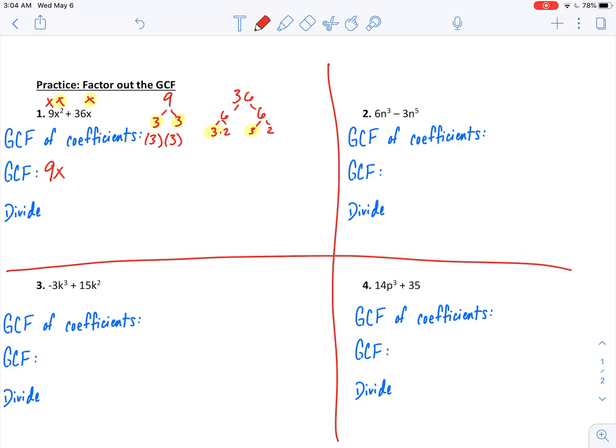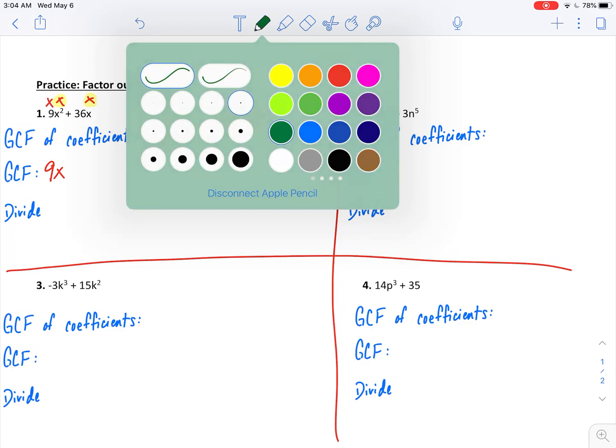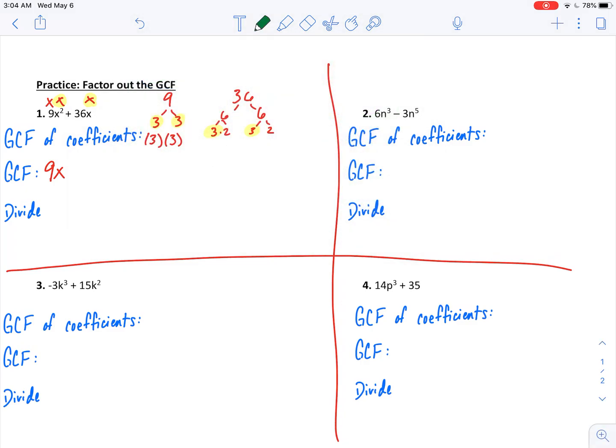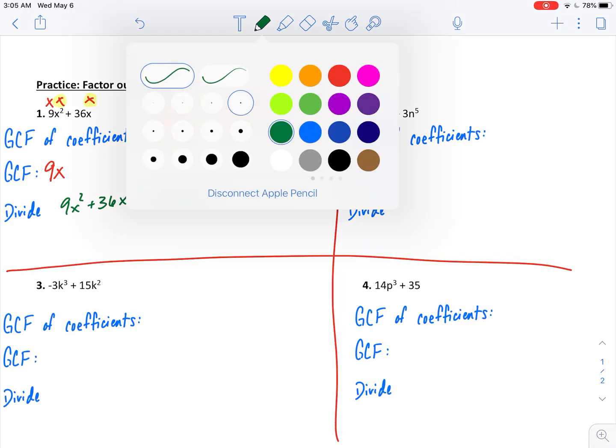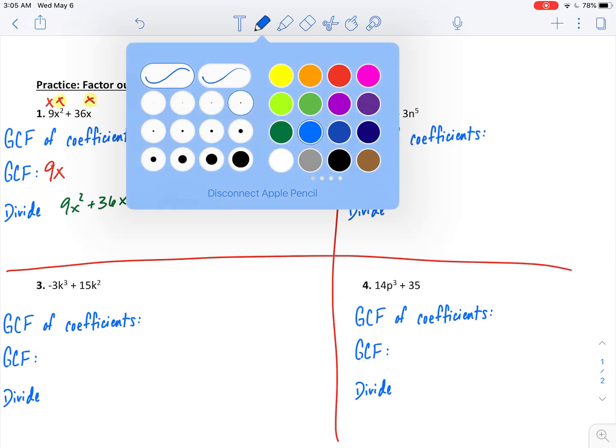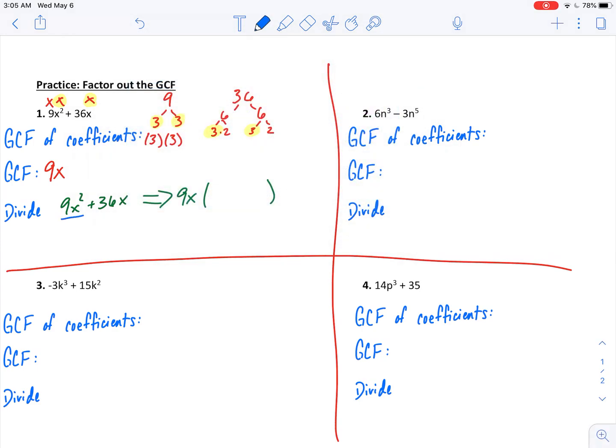Alright, so now we're going to do some division. With 9x squared plus 36x, we're going to factor out our GCF, so we're going to factor out our 9x. We're going to have some stuff left over in parentheses. So we divide by our GCF of 9x.